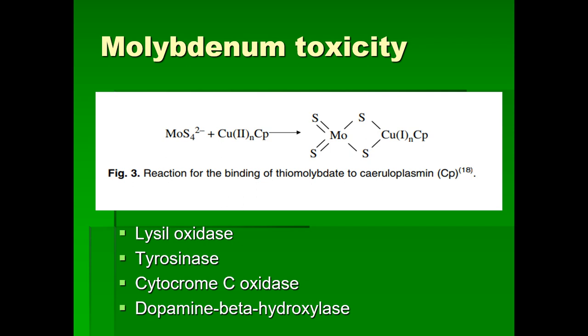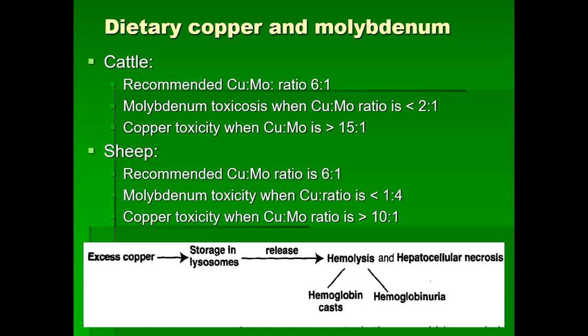Impaired tyrosinase activity is responsible for the depigmentation of the hair coat because the melanin cannot be produced. So the treatment is going to be giving copper sulfate in the feed to prevent the absorption of those thiomolybdates in the intestines.